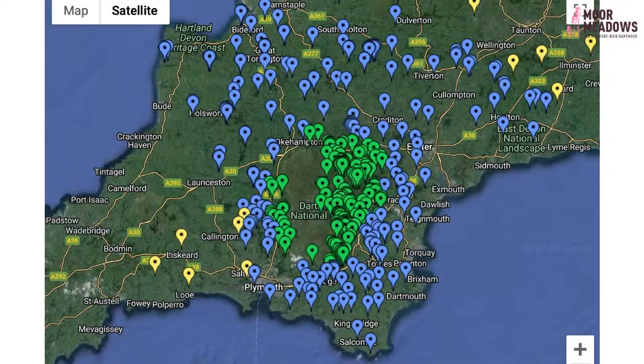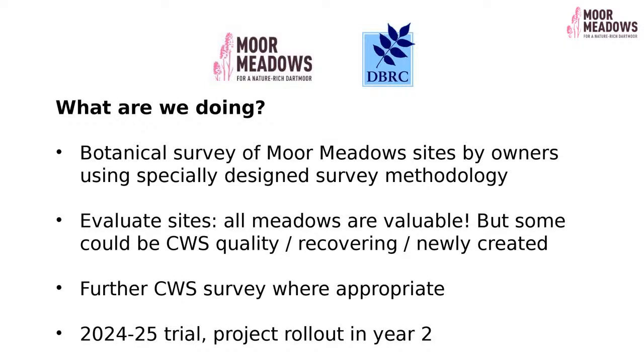There's a lot of action like this going on, and not a lot of it is recorded. And as those meadows develop, there isn't really an overview of when they might reach a certain level of species diversity or how they could be protected. So the information we've got is patchy, and the effort that can be put into helping protect those sites is also therefore patchy. And that is one of the big reasons why we have this project now, to try and record what is out there with Moor Meadows sites.